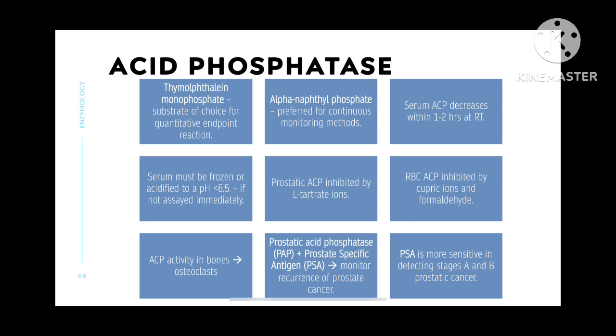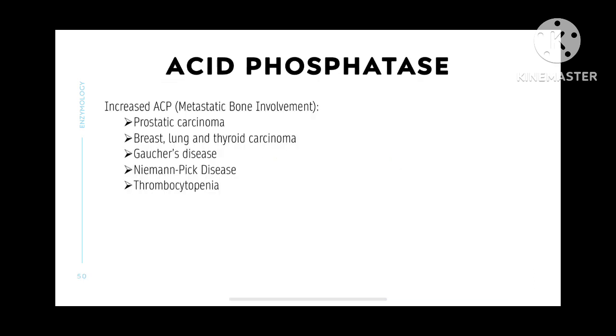Serum ACP activity may frequently be elevated in bone diseases as well. Activity has been shown to be associated with the osteoclasts. Elevations have been noted in Paget's disease, in breast cancer with bone metastasis, and in Gaucher's disease, in which there is an infiltration of bone marrow and other tissue by Gaucher cells rich in ACP activity.